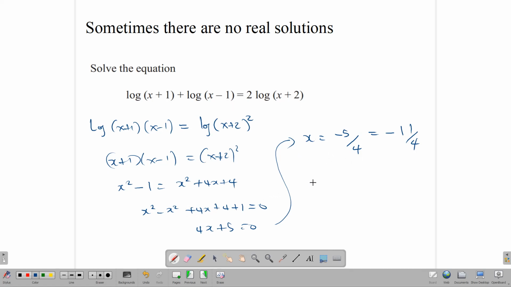What it means is that there are no real solutions. So there is a solution, but the solution doesn't exist in the real number set. Most likely you would have to go to complex numbers to find what that solution is. However, the idea is that there are no real solutions for this question.